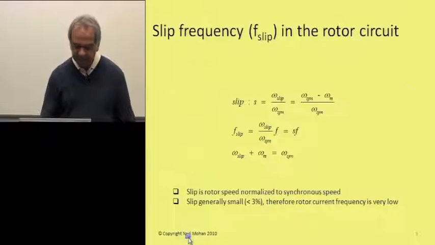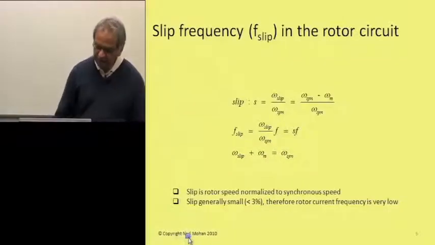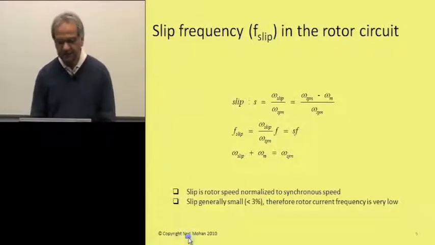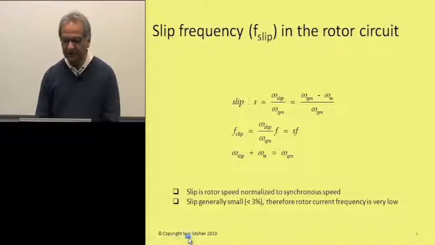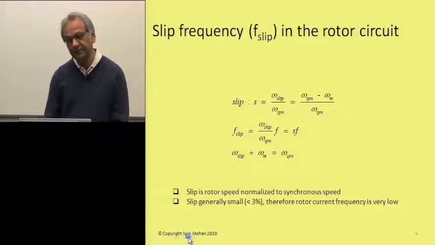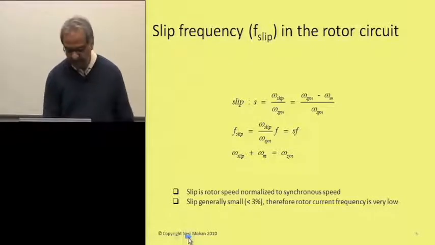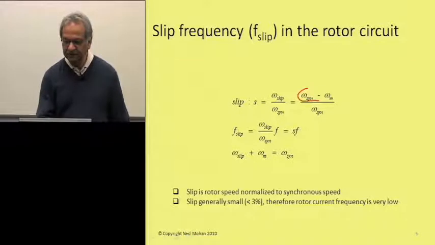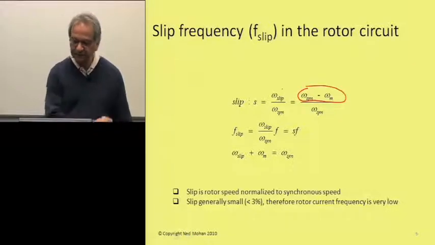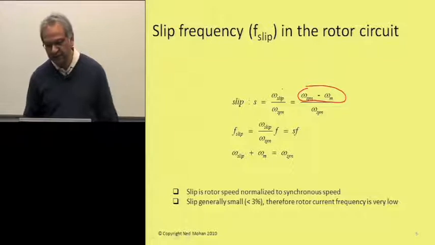And so just to recapitulate, recall some of the things here. We see that there's a quantity called slip, defined as the ratio of slip speed to synchronous speed. The slip speed is the difference between the synchronous speed and the mechanical speed, omega m.